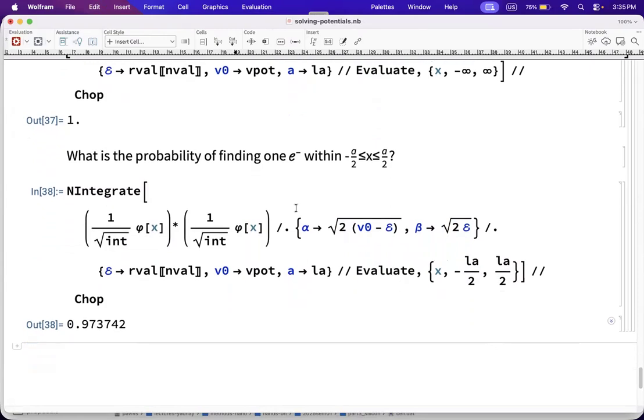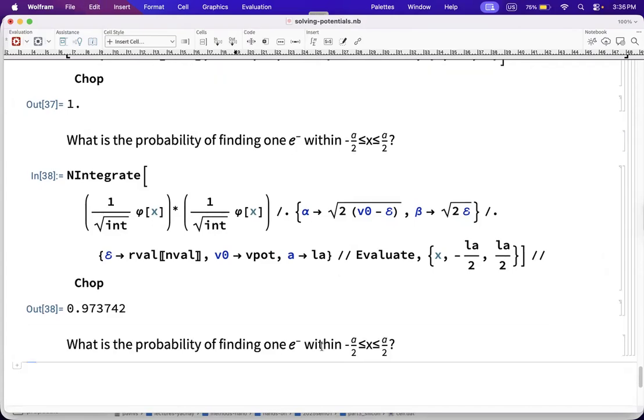The question is now, what is the probability of finding one electron outside, for x more than A over 2? Copy this, please. What is the probability of finding it outside in the right branch, let's say this part is on the right side here?